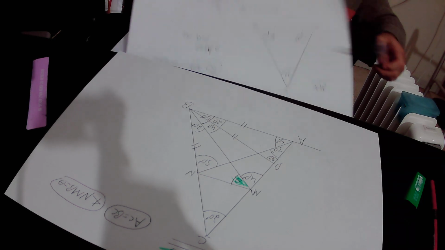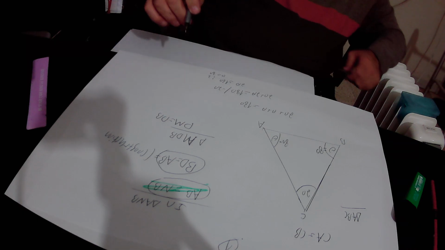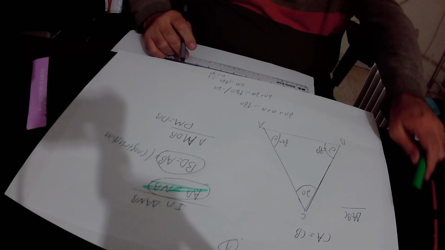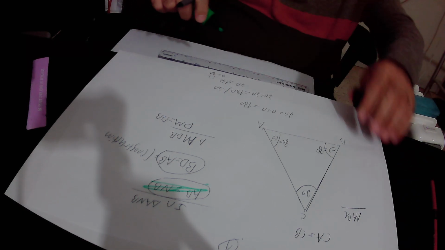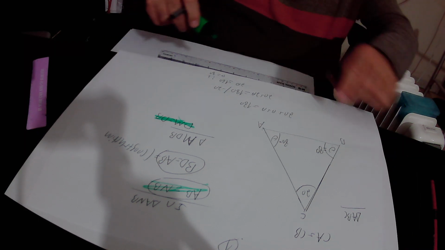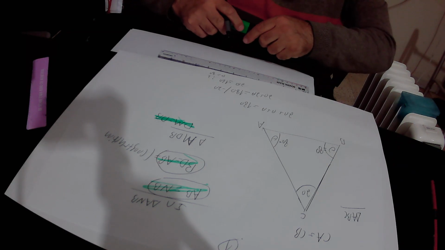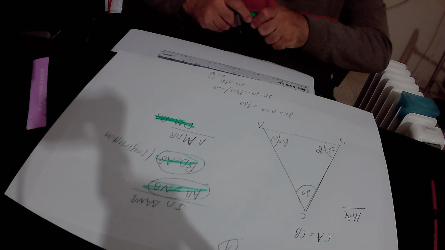But again, in the associated triangle MDB, DM equals DB. So we have BD equals AB and DM equals DB.